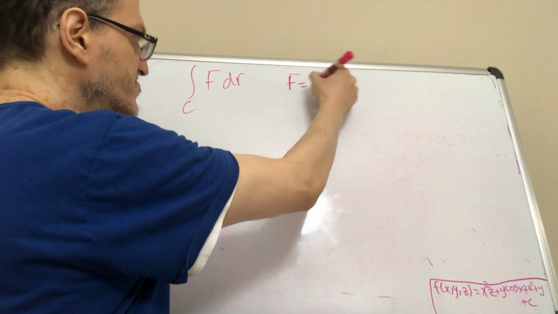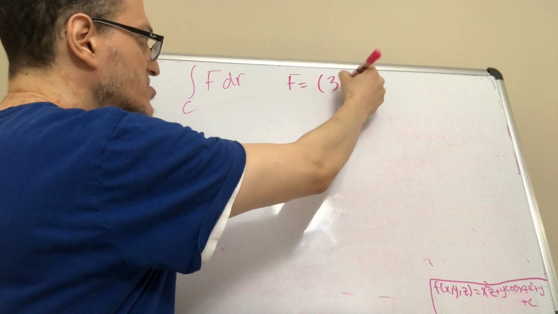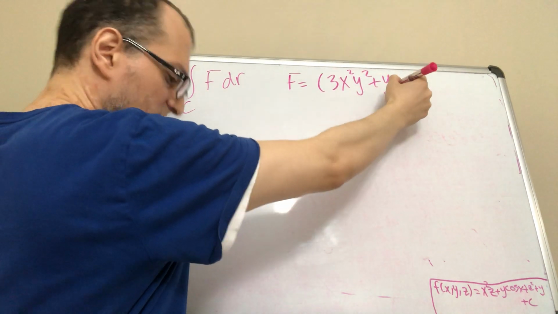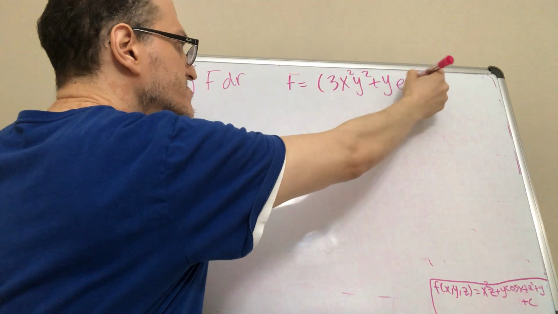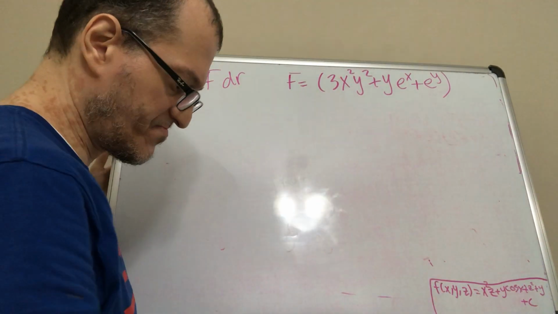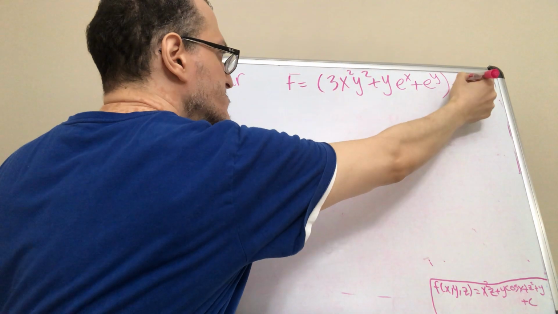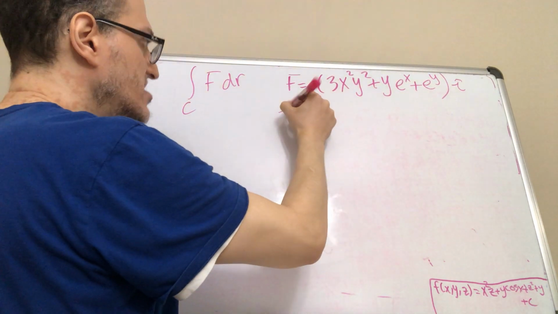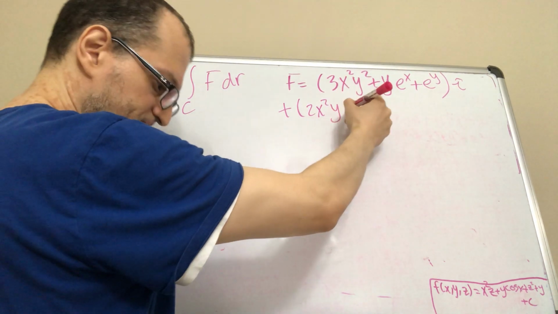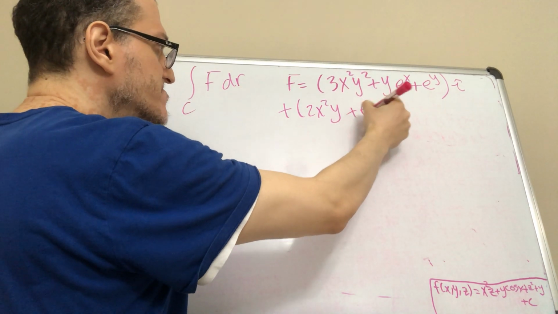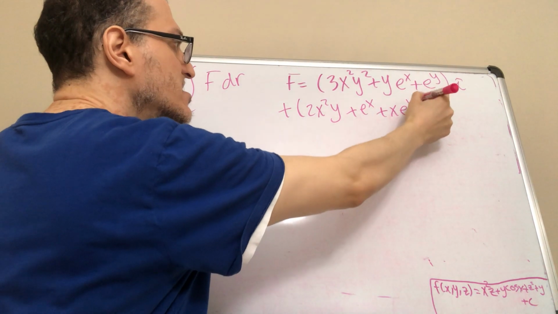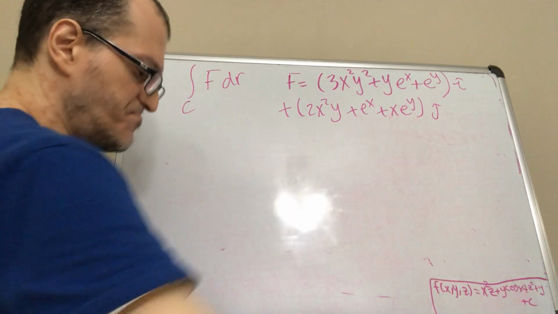They tell you it's 3x squared y cubed + e^x e^y in the i direction plus 2x cubed y squared + e^x e^y in the j direction.